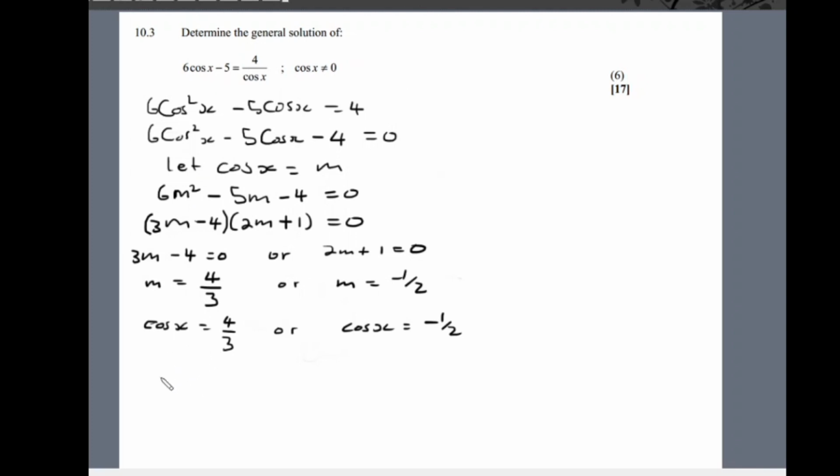So in your calculator, for this part of the solution, if we take x equals to cos inverse of 4 over 3, you will see that for this case we won't have any solution, right? There will be no solution for this case, né? And then for this case we now have a solution.